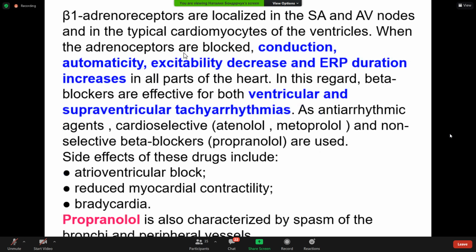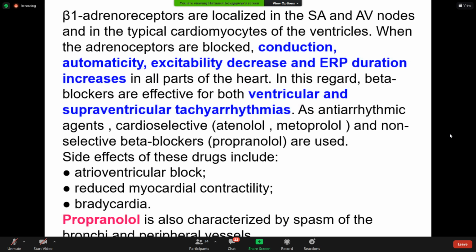So beta-1 adrenoceptors are localized almost in all sites of the heart, in the sinoatrial node, in the AV node, and also in the typical cardiomyocytes of the ventricles. When the beta-1 adrenoceptors are blocked, conduction, automaticity, and excitability of conducting tissue will be decreased, and ERP duration will be increased in all parts of the heart.